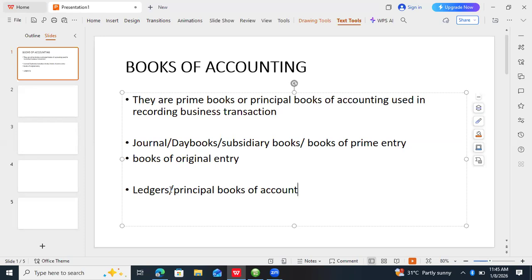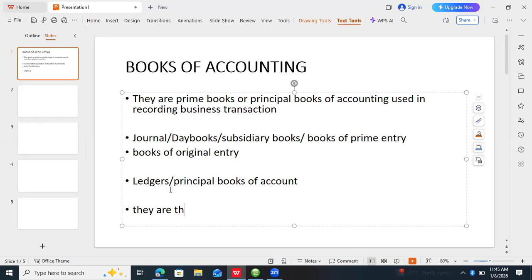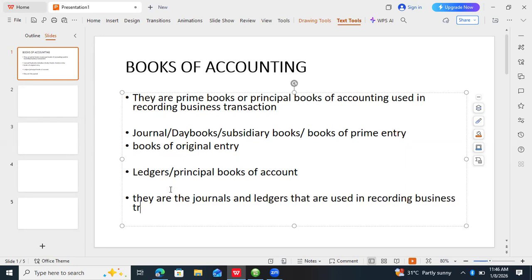So if you're asked to define books of accounting, you can sometimes say they are the journals and ledgers used in recording business transactions, or you can say they are the subsidiary books and principal books of account used in recording business transactions.